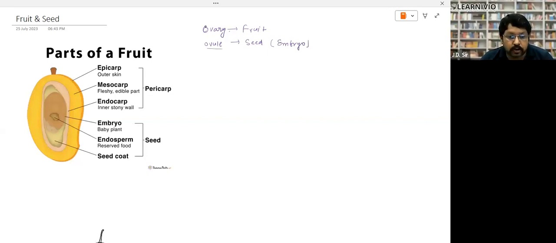So this concept should be clear to all of you, because I have repeated it multiple times that the fruit develops from the ovary.